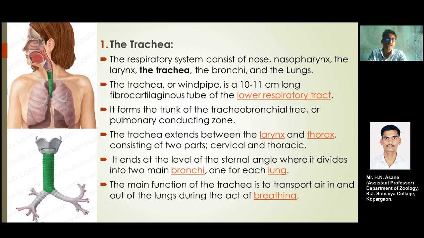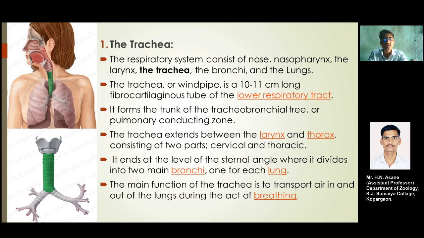The main function of the trachea is to transport air in and out of the lungs during the act of breathing, which is the main function of our respiratory system.